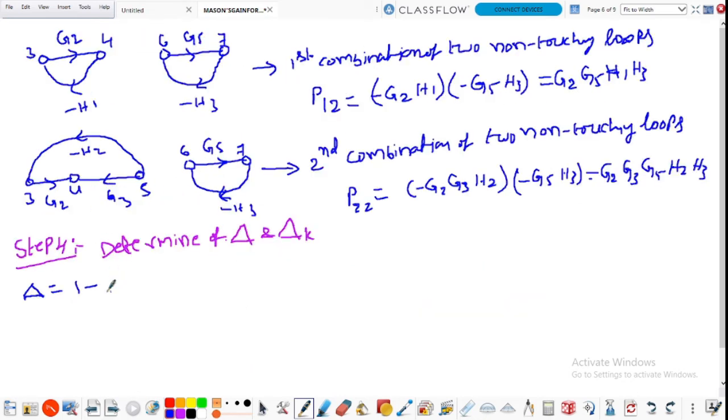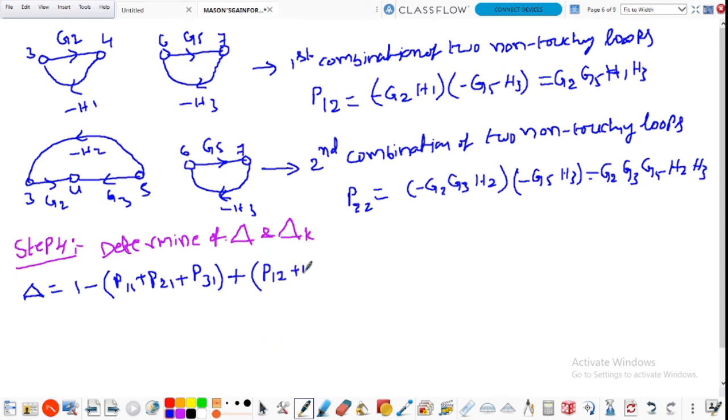One minus the sum of individual loop gains P11 plus P21 plus P31 plus the sum of gain products of all possible combinations of two non-touching loops. Now here in this example there are two combinations of two non-touching loops, and the first combination gain is denoted as P12 and the second combination gain is denoted as P22.